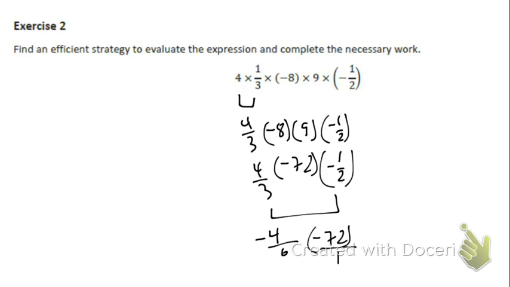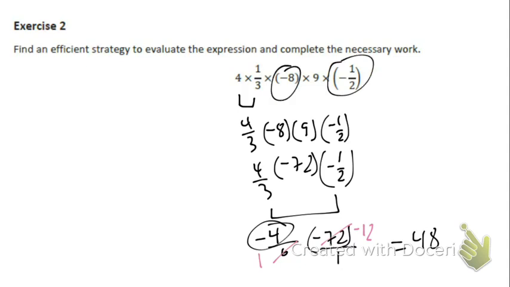We can cross cancel the 3 and 72. 3 goes into 3 once, 3 goes into 72 24 times, but then we can multiply -4 times the result and get +48. And if you look back at the original problem, there were 2 negatives, so you know your answer should be positive since there was an even amount of negatives.